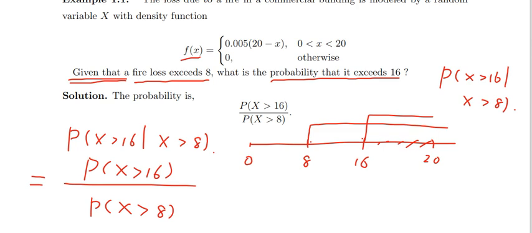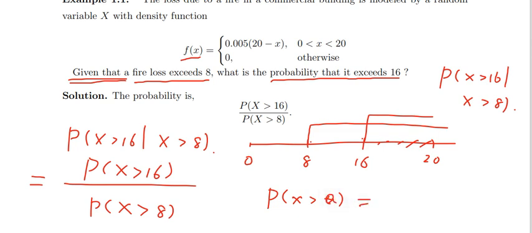So now this just becomes integration. For x larger than 8 and x larger than 16, we need to do some calculation, right? So let's consider x larger than some number. Let's say t, because we put t as 8 and 16, or maybe we choose a.